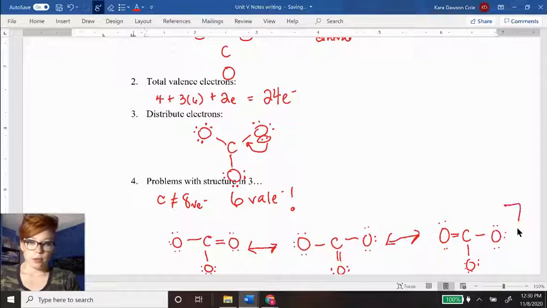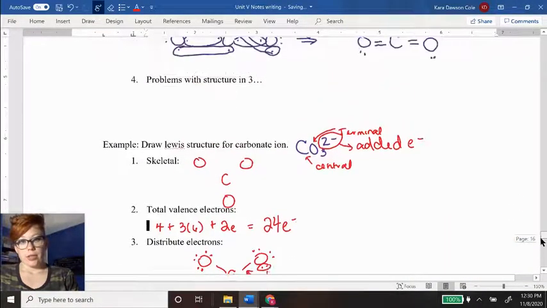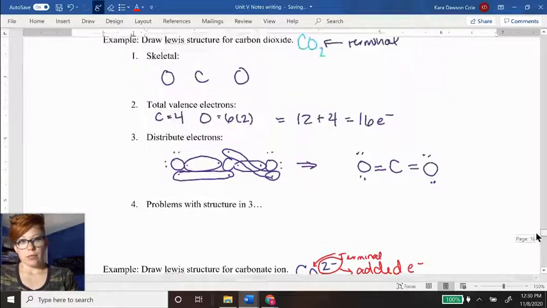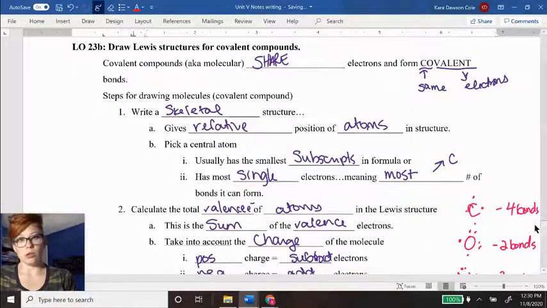Now, either one of these structures would be correct because it resonates between all of these structures. The electrons move around, they don't stay in one area. That is learning objective 23B, to draw Lewis structures for covalent compounds.